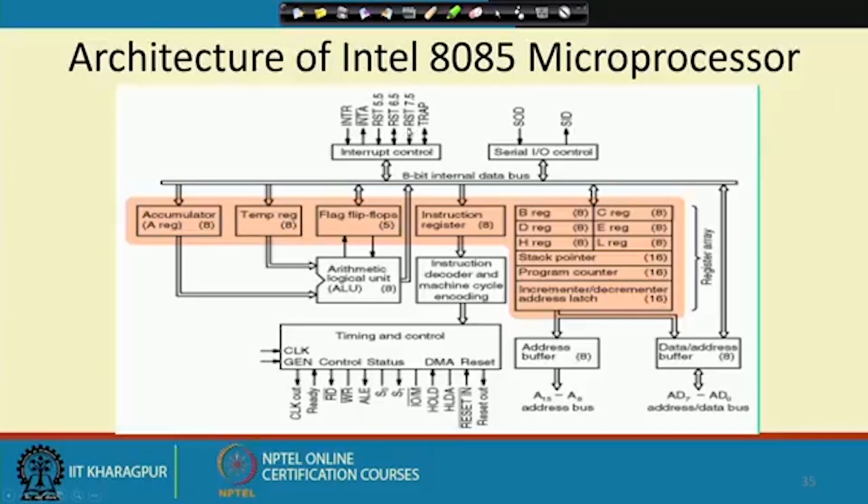Then we will see later that whatever the processor was doing will get suspended for the time being, and it will go into execution of the corresponding interrupt service routine for servicing that extraordinary situation.